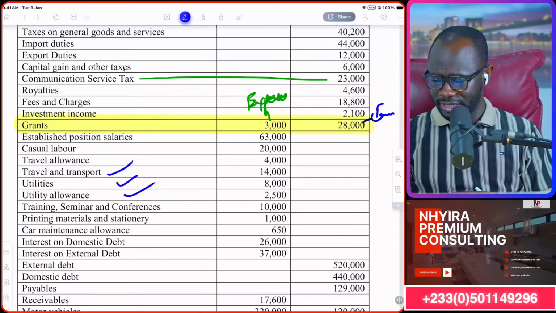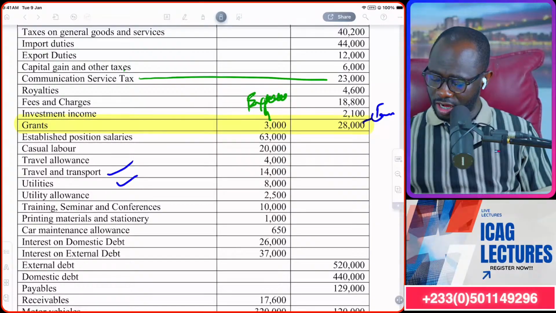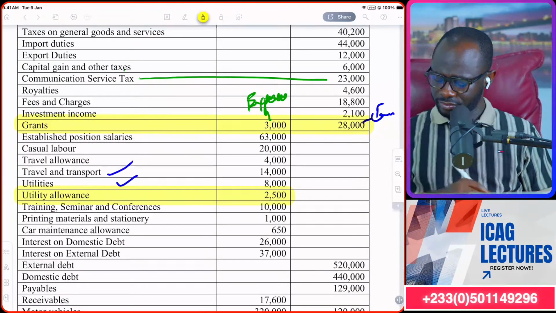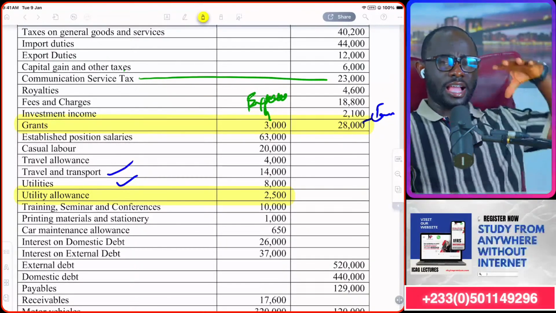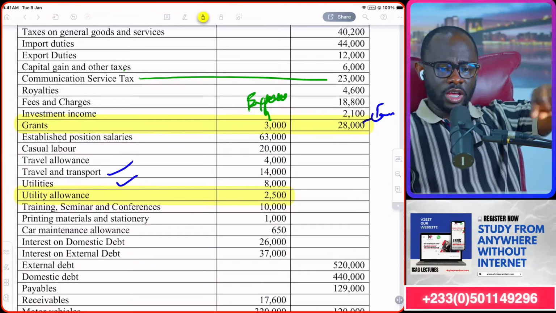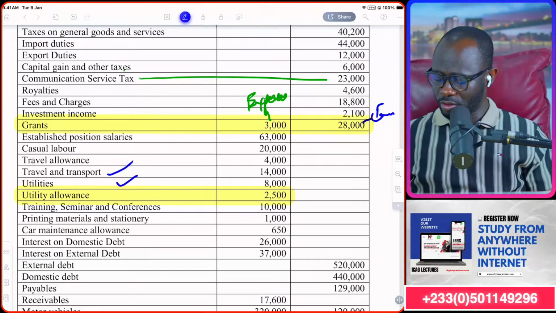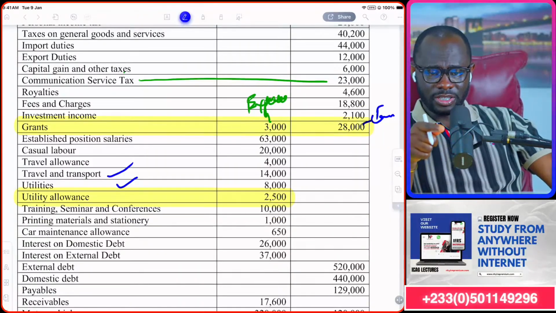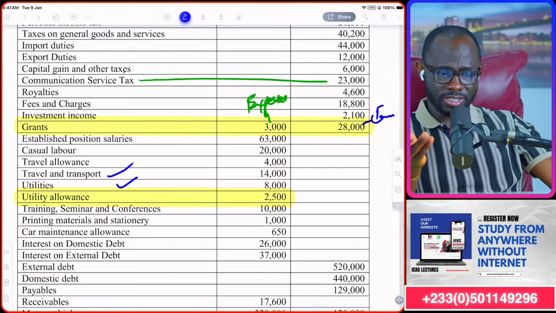Now, utility allowance, you got to be careful about that because that could be an allowance that the government is giving to employees, right? So that will not come under goods and services. We're going to put that under compensation of employees because utility allowance will be part of the payment package to the employees in the public sector.